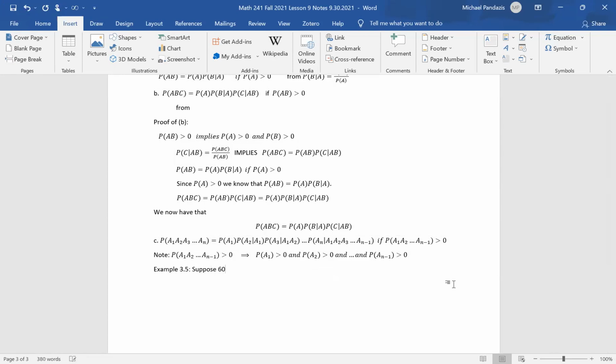Suppose 60% of adults over 30 are college graduates. Further, suppose 80% of college graduates over 30 have incomes over $15,000.